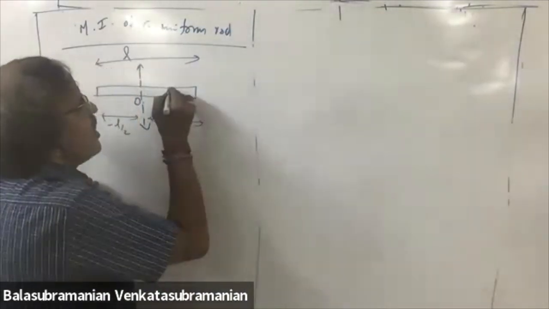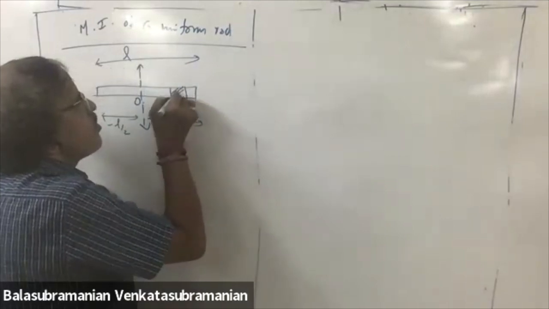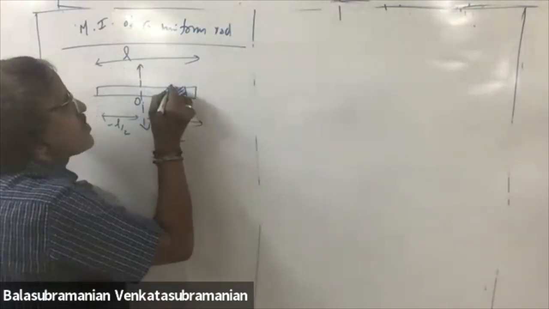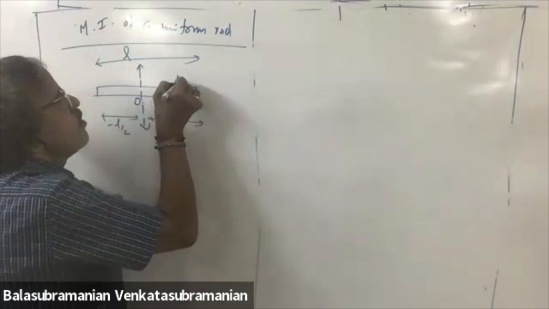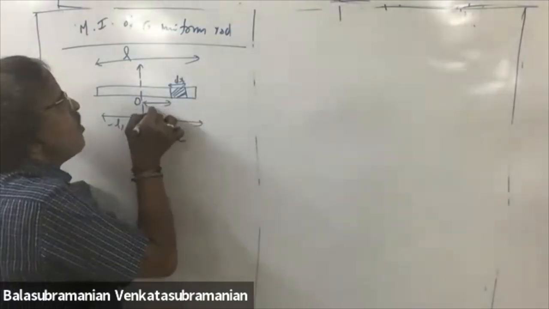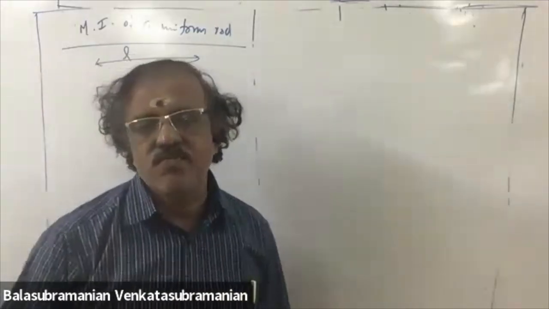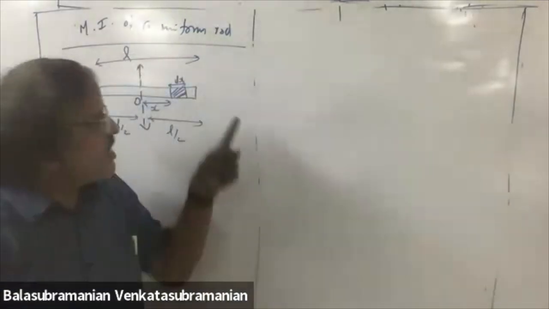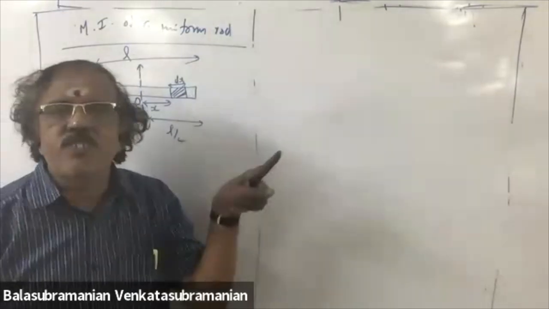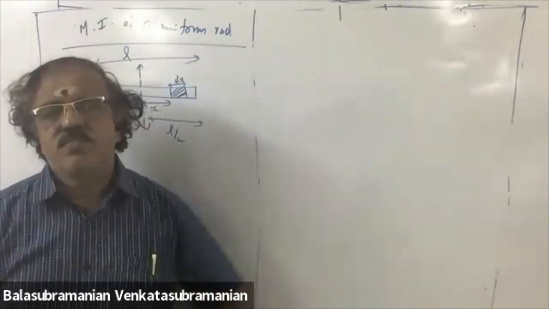You are considering a small portion dx, which is at a distance of x from the origin, that is, x from the center. Consider the mass of this small portion as dm.